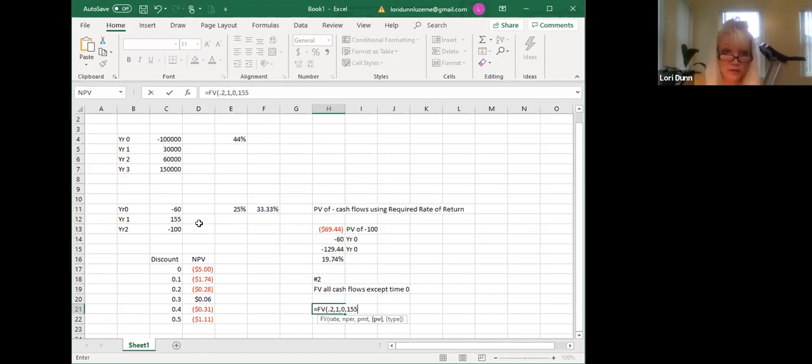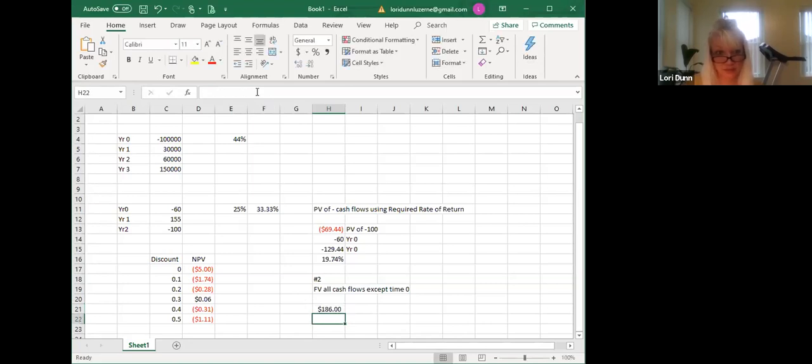We're only using one period because time 0 would be the end of year 1. What will be the value of that 155 at the end of year 2? You can put this in your calculator as well, and it'll be $186. That should be positive because it is a positive cash flow to begin with.